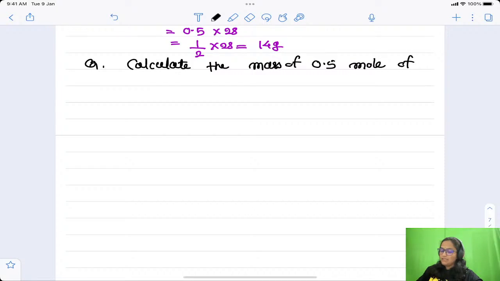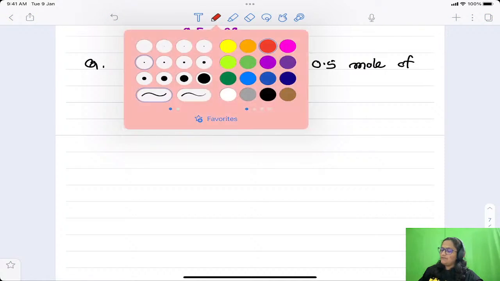Previously it was N2 molecule, now it is nitrogen atoms. Now let us see how to solve it.